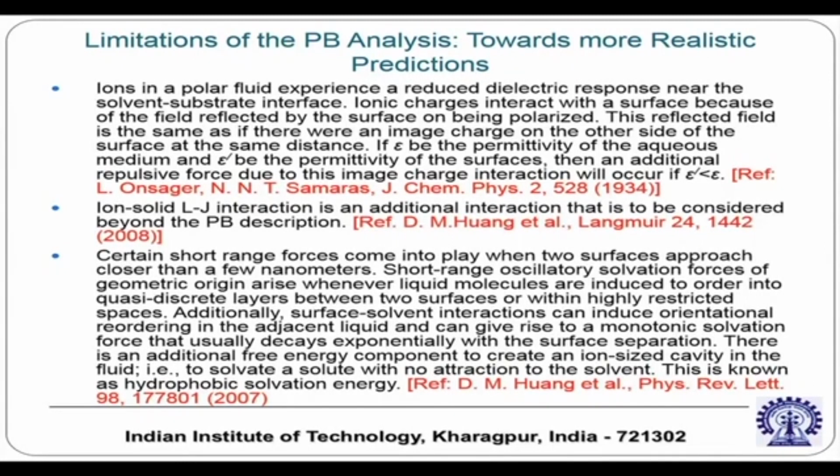It is a hypothetical concept. If epsilon is the permittivity of the aqueous medium and epsilon prime is the permittivity of the surface, then an additional repulsive force due to this image charge interaction will occur if epsilon prime is less than epsilon. So this is an additional interaction beyond the Poisson-Boltzmann picture.